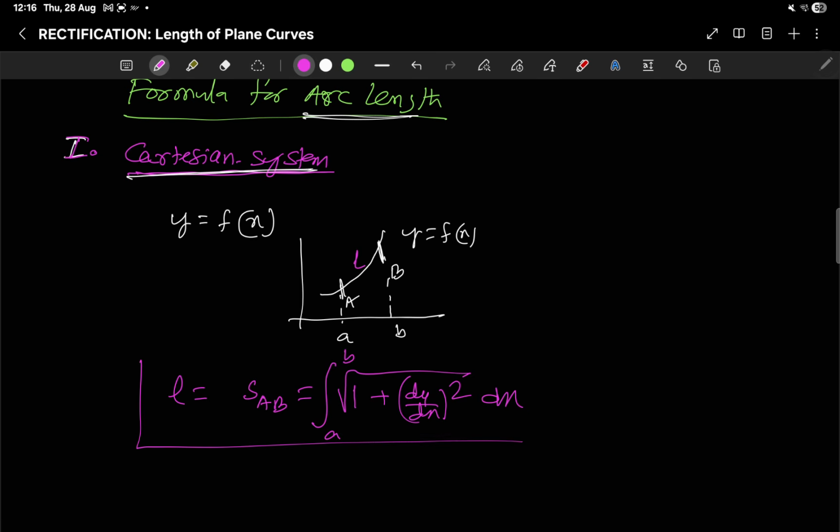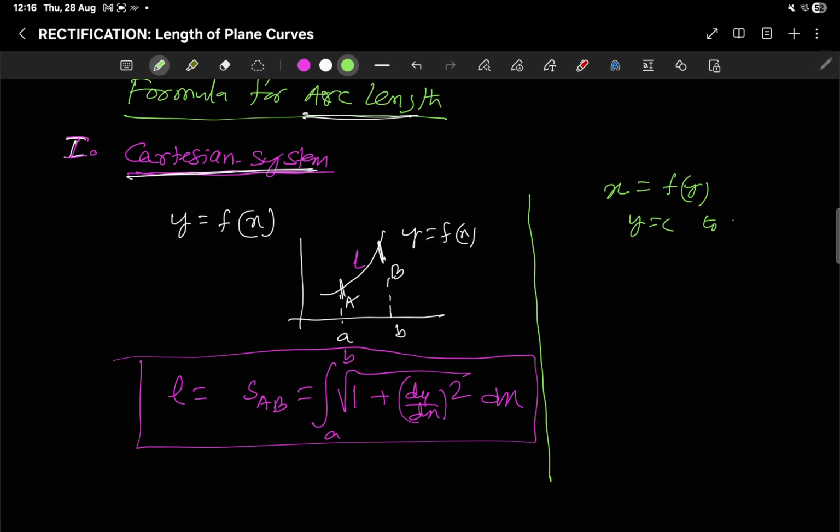This is the formula. If the curve is given as x = f(y), in between some y = c and y = d, suppose this is my curve, in the y-axis it is in between c and d.